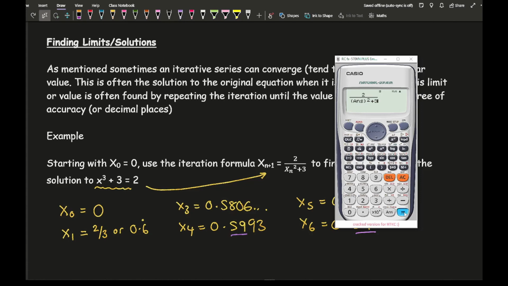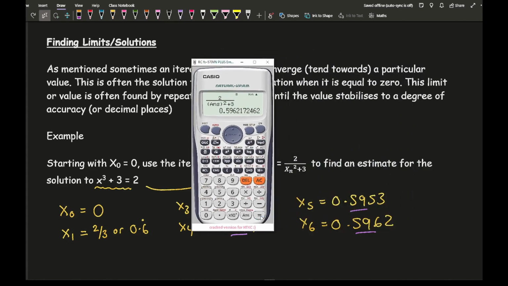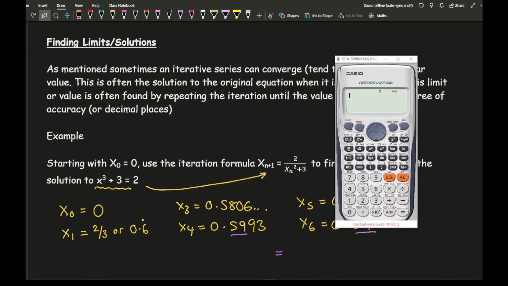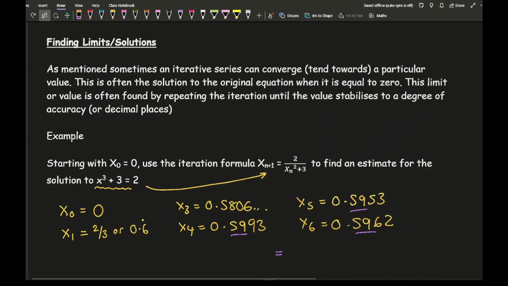So if I press equals now, that's my x1, press equals, that gives me my x2, press equals, that gives me my x3, and so on. If I keep pressing equals, you can see that eventually the calculator stops giving me new answers. So therefore, the answer is going to equal, and I've just got rid of the calculator and missed it out, so let me do that again.